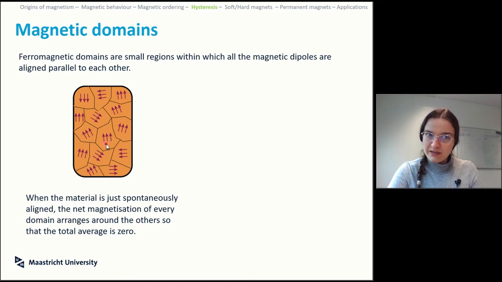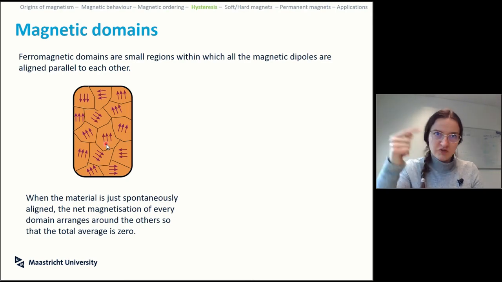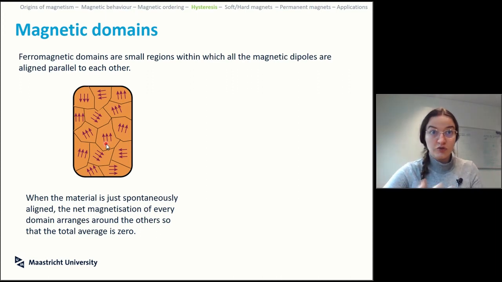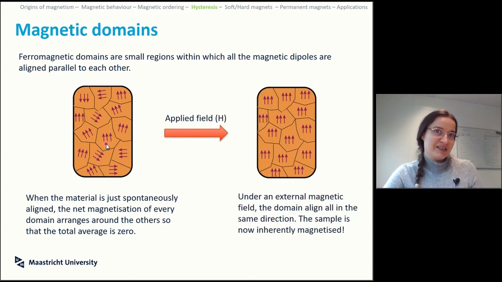because the local area alignment negates the field. It just goes back to zero, because you have this one that goes in this direction, this one that goes in this direction, this one that goes in this direction. The overall is zero. If you magnetize, so if you apply a field and you encourage your material to follow the field, you harvest the fact that your material likes to accompany the magnetic field even in the paramagnetic state.